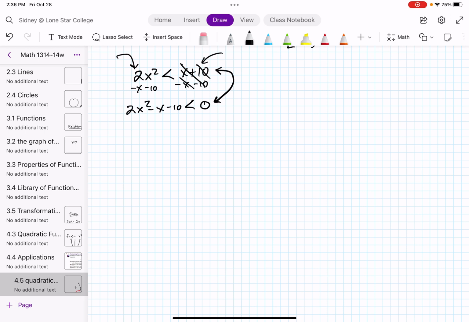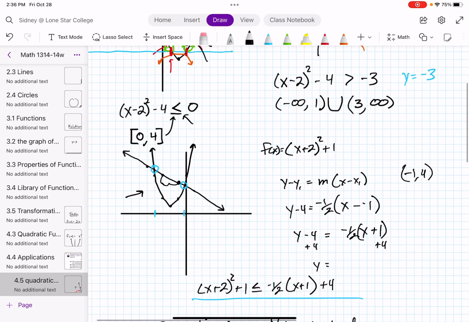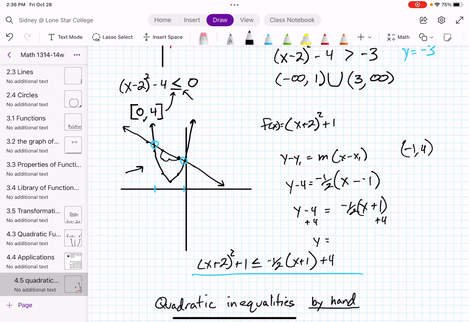They're the same thing. Now, graphically, when we move it all to the same side, we are shifting this parabola down so that the points of intersection effectively become the zeros of this new parabola.